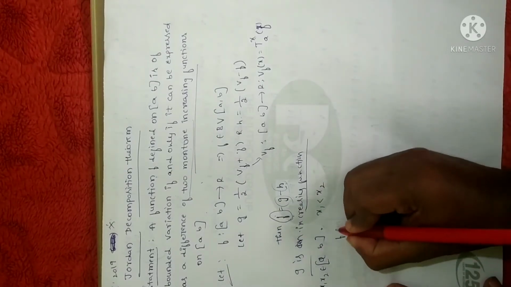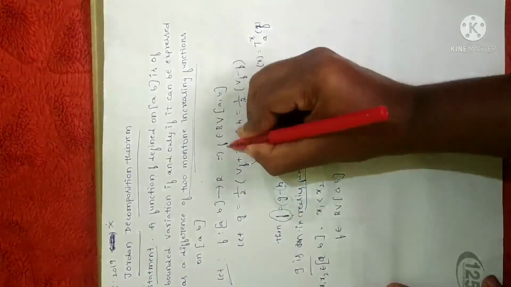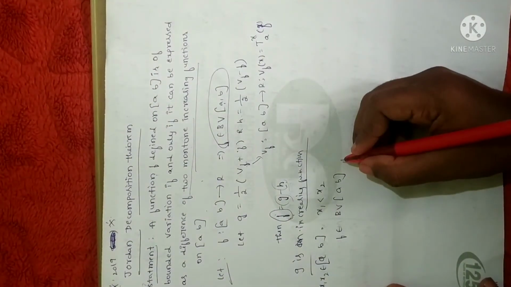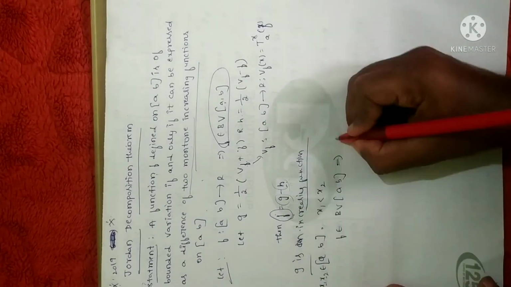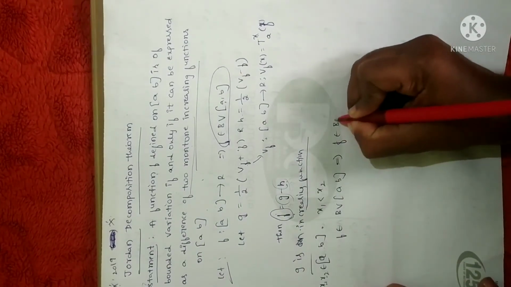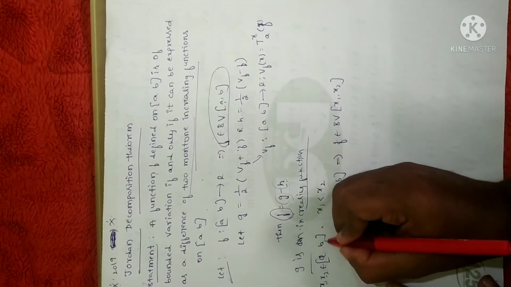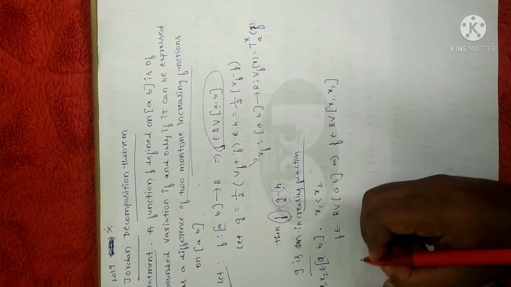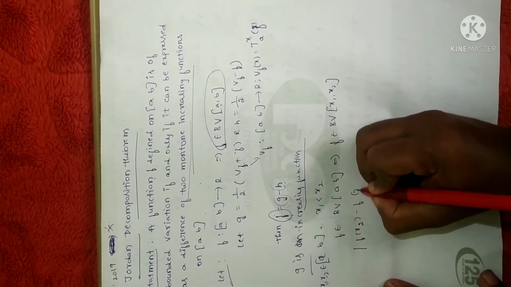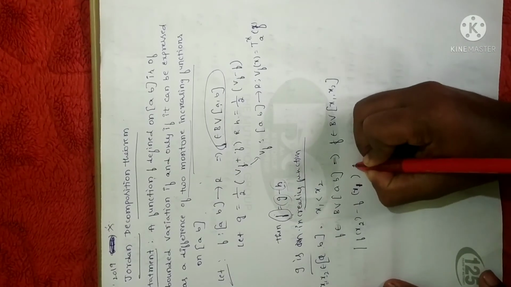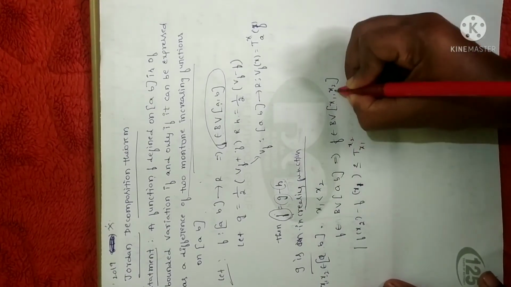Since it is given that f belongs to BV[a,b], and x1 and x2 are elements of [a,b], I can write f belongs to BV[x1,x2] as well. Why? Because they are elements of [a,b]. Then, as per the definition of bounded variation, I can write the magnitude of f(x2) minus f(x1) is less than or equal to the total variation from x1 to x2 of function f.